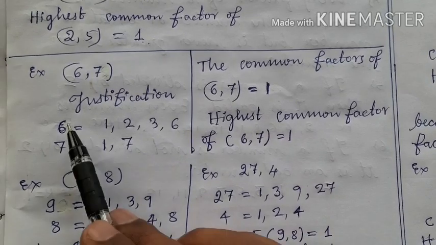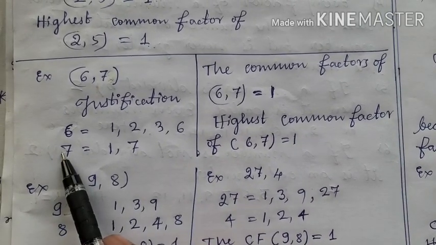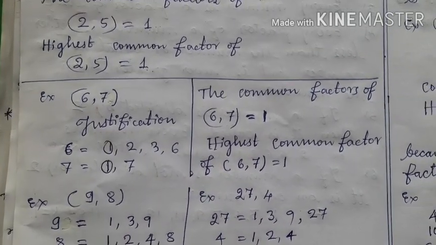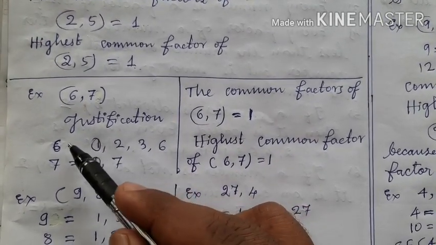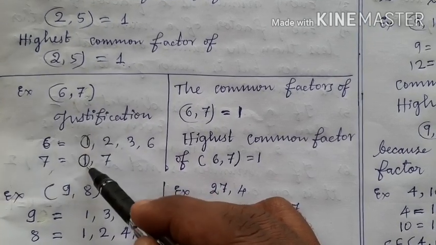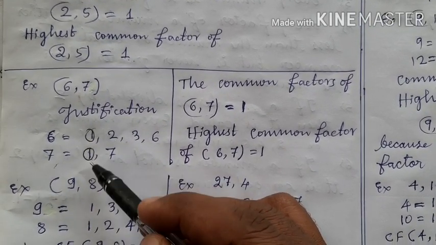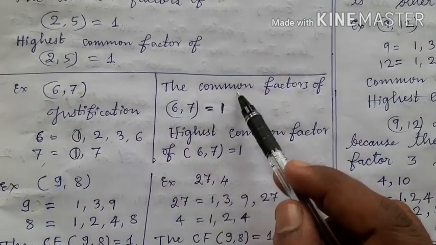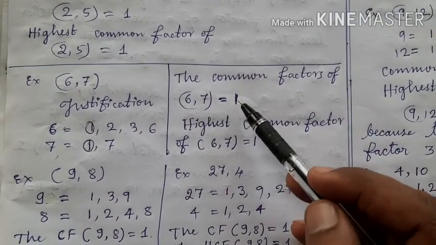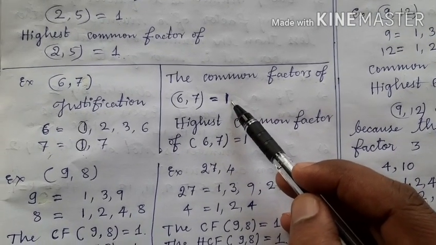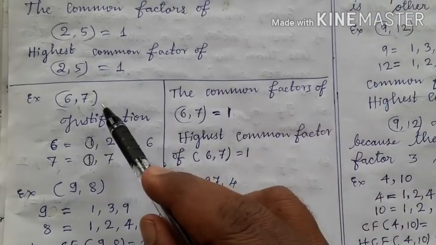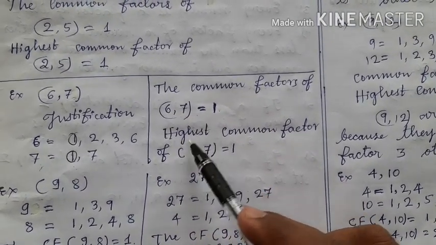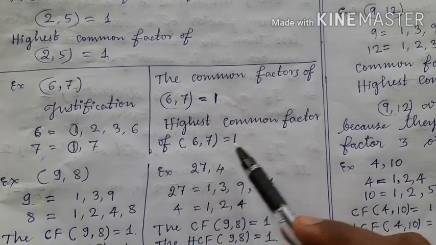Which are the common factors of 6 and 7? The common factor of 6 and 7 is only 1. Other than 1, do they have any common factors? No. Such numbers are called co-prime numbers. Then what about the highest common factor of 6 and 7? It is also 1.